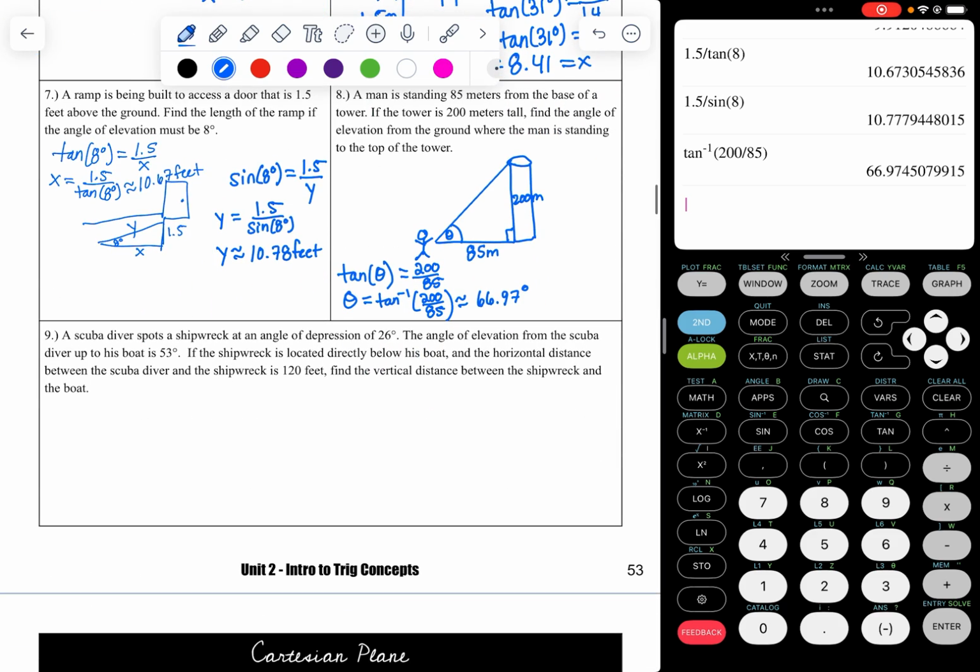All right, one last problem here. A scuba diver spots a shipwreck at an angle of depression of 26 degrees. So here's my scuba diver with his pack on. And so his angle of depression down to the shipwreck is 26 degrees.